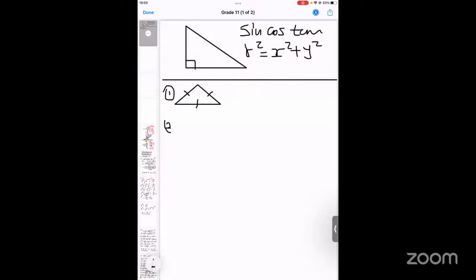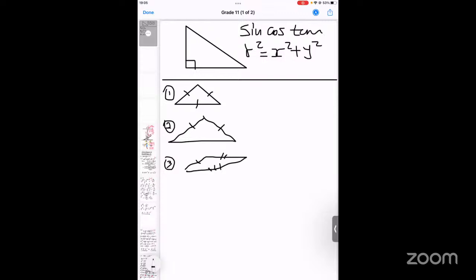Then you can also have this type of triangle where maybe that side is equal to that, but that other one is longer. And the third one is a triangle where none of the sides are equal.